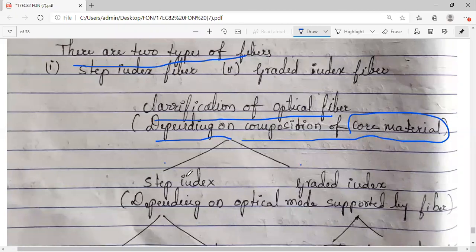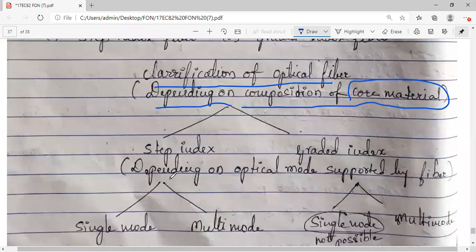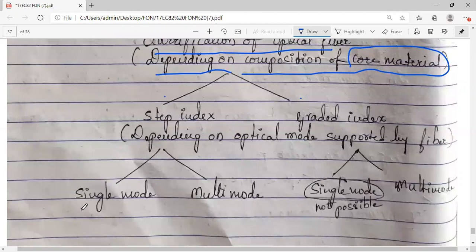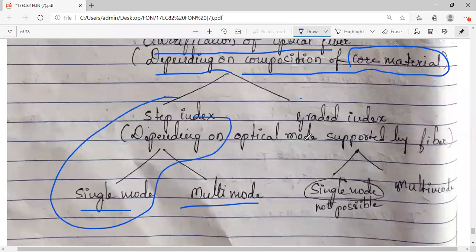This is one classification. Further, depending upon how many modes these optical fibers will support, they are again classified as single mode and multi mode. So single mode step index means the core material has a specific composition for a step index, and it will allow only one mode to pass through. What is the meaning of step index multi mode?